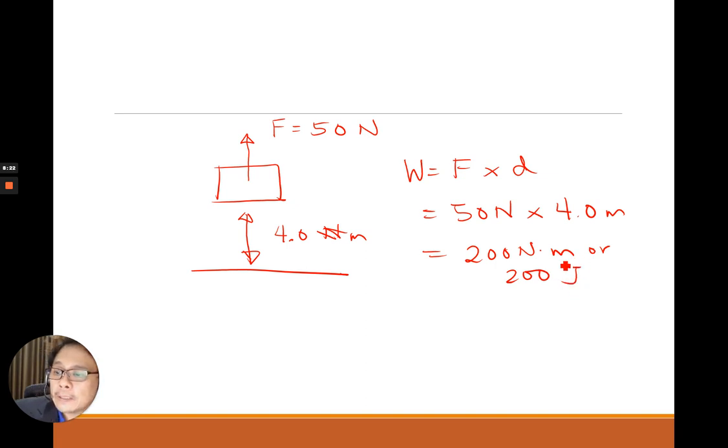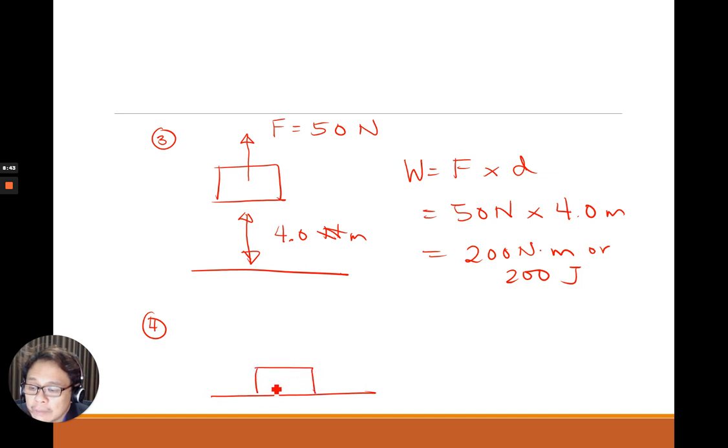Now what if you have many forces acting? You have to get the net force. It's going to be the net force that will produce the work. So we did not consider the weight in this problem. But what if you are given the weight? Let's say the weight of the object is 40 newtons.